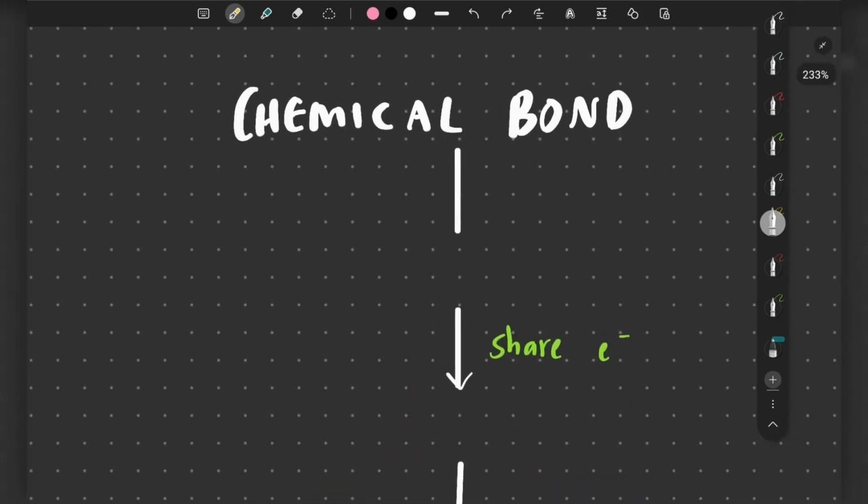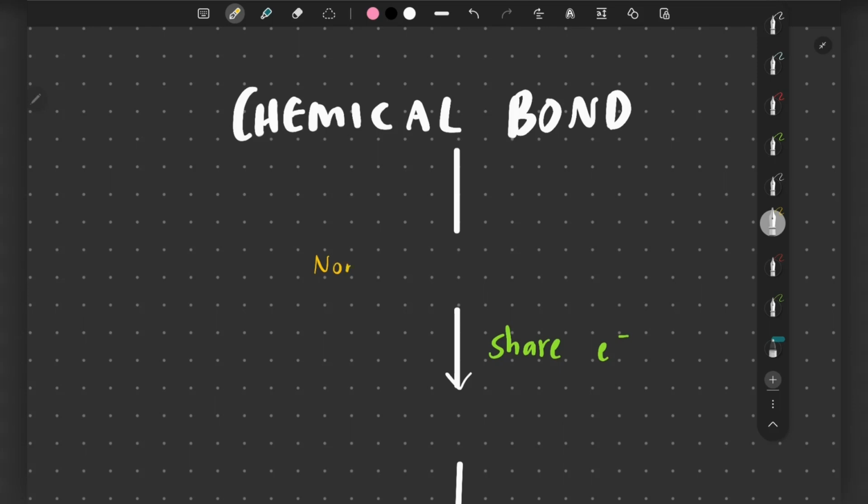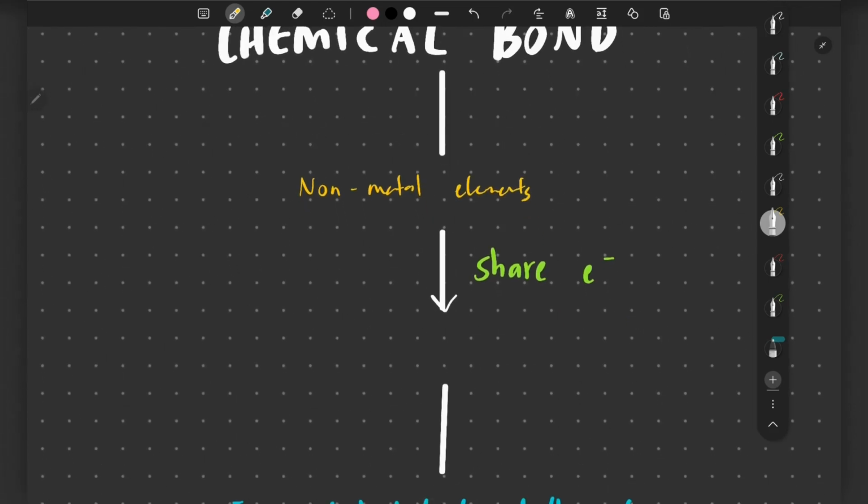Okay, under chemical bond, in the previous video we learned about non-metal elements. So what we know about non-metal elements is that they share electrons. They do not transfer electrons, unlike ionic bond.